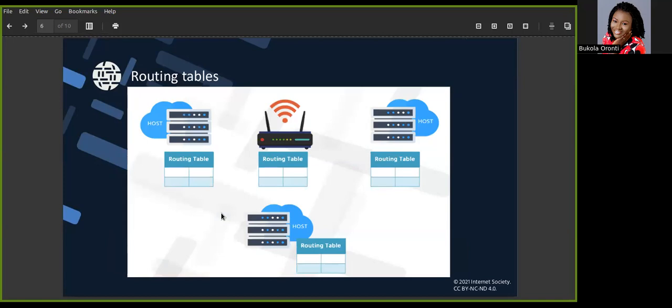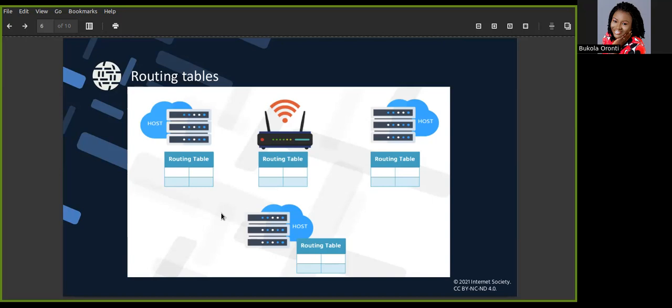Then we have routing tables. Every host has a routing table. Every router has a routing table. A routing table specifies which networks the device is connected to.